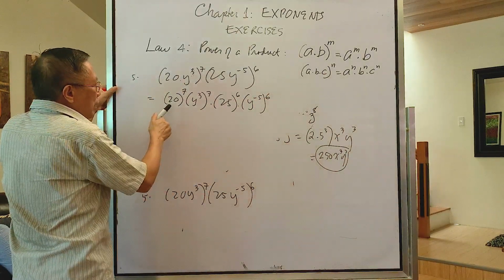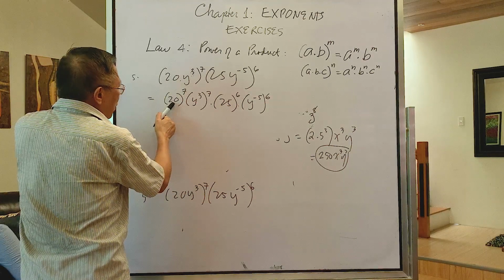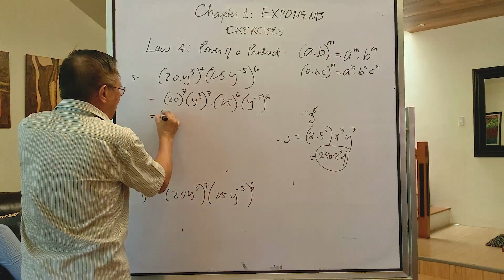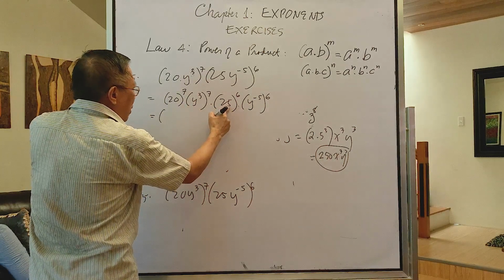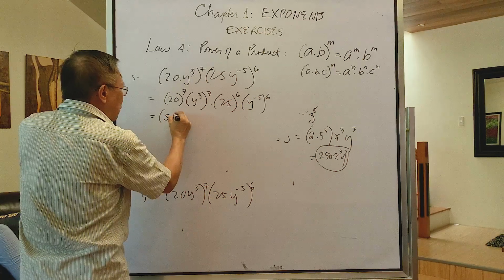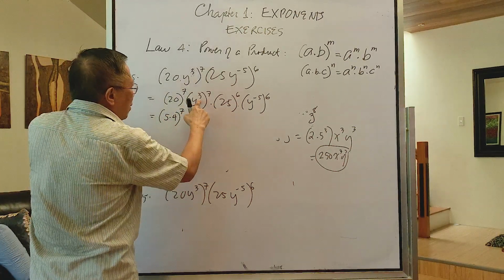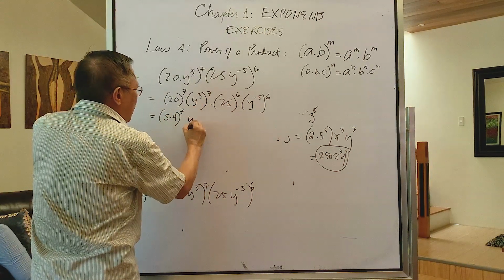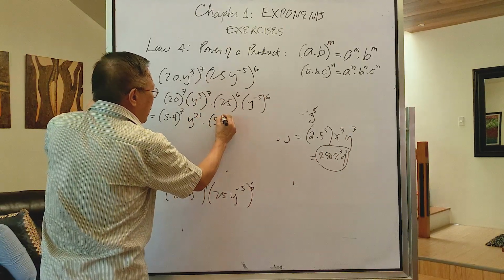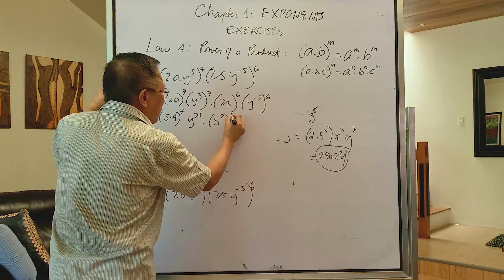It will be inconvenient for us to be thinking of this as 20 raised to the 7. I can see a 5 here, so I can factor a 5 here. So I can write that as 5 times 4 raised to the 7. Y cube and 7 will give me now y to the 21. And I can now write this as what? 5 squared raised to the 6.